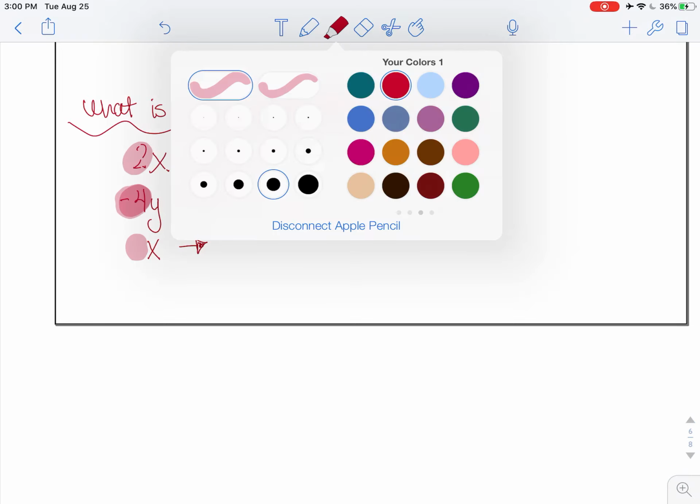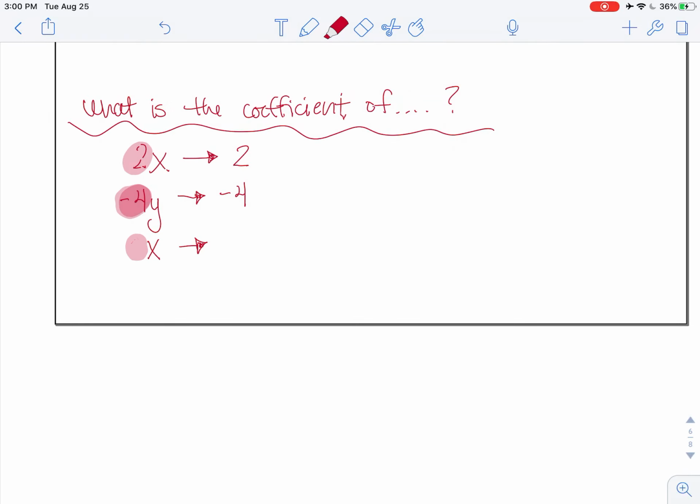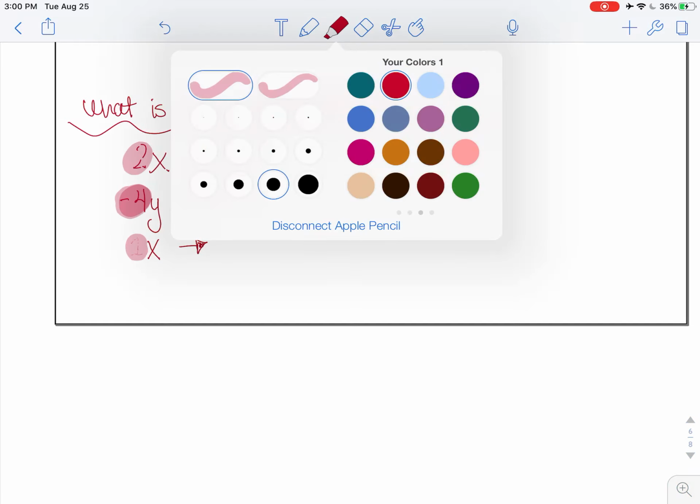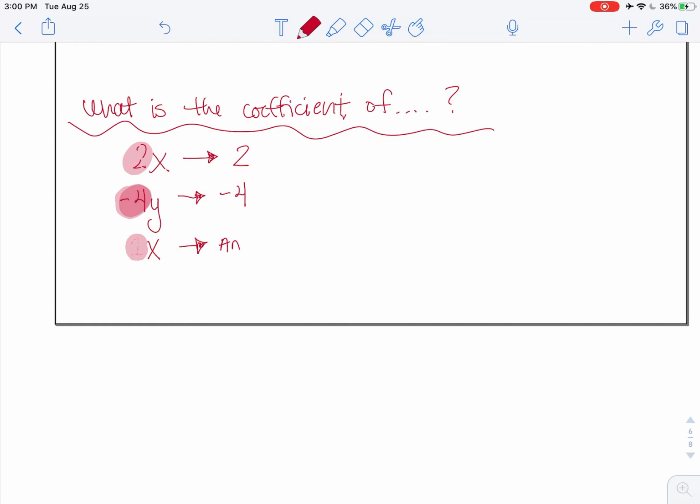And ladies and gentlemen, that is an invisible 1. It's always an invisible 1 if nothing is there. And that's because 1 times 1 is 1. 1 times 2 is 2. 1 times 3 is 3. 1 times 4 is 4. 1 times 5 is 5. 1 times any number is itself.